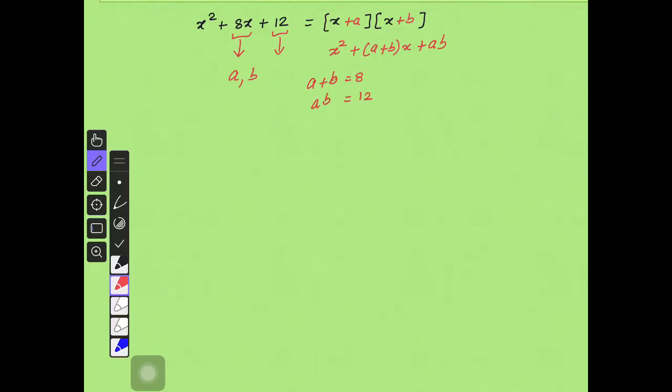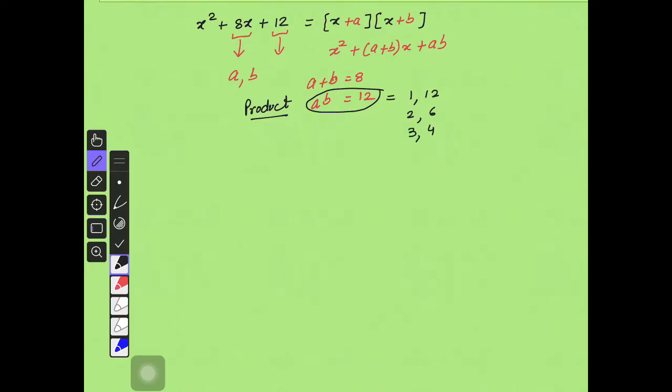For that we have to start from the product, which is 12. We can think about all possible factors of 12, meaning the numbers which give us the product 12: 1 and 12, 2 and 6, 3 and 4.